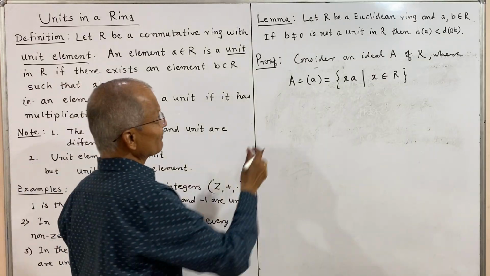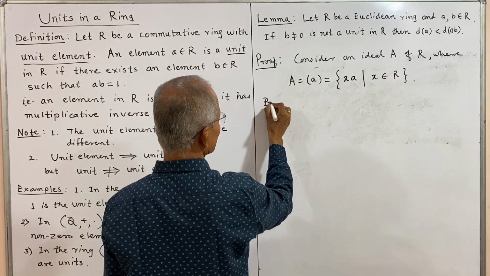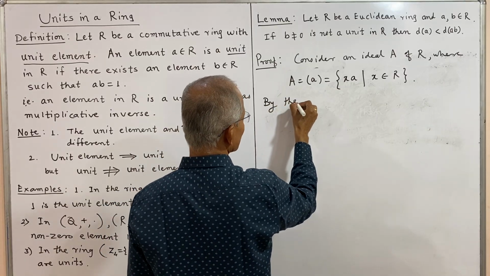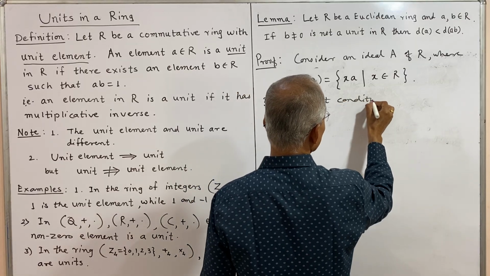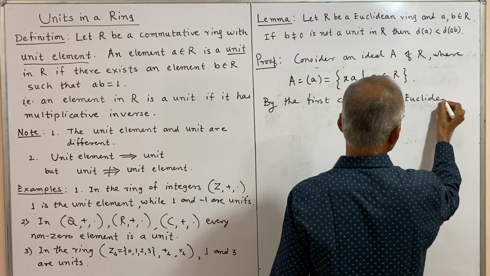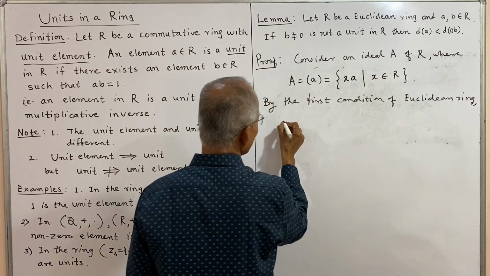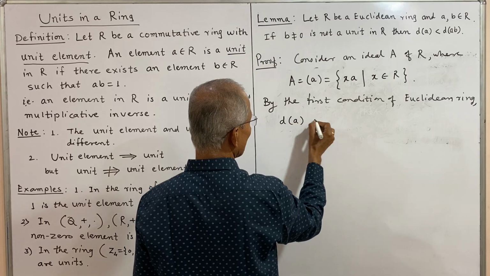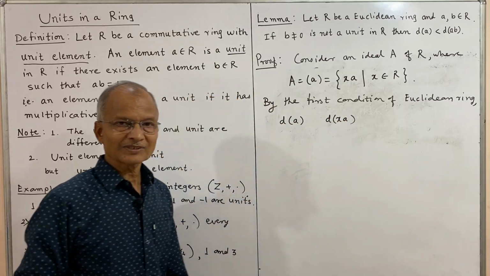Now, by the first condition of Euclidean ring, consider the D value of A and the D value of x times A. What is the first condition we have written?